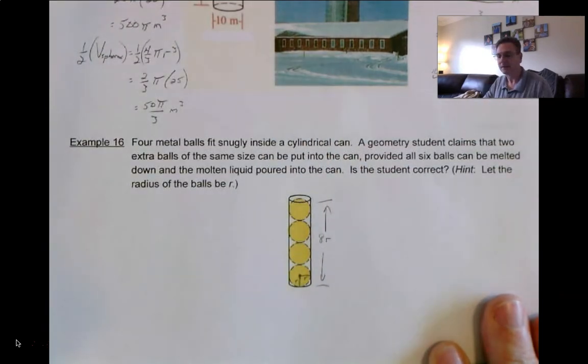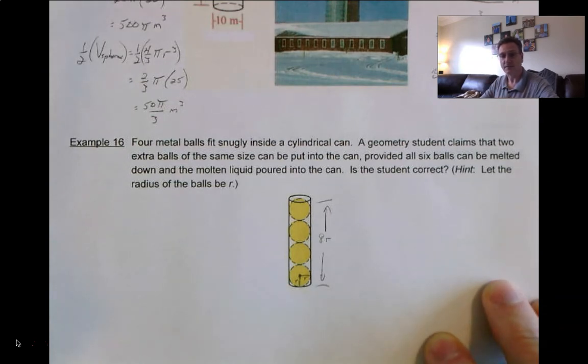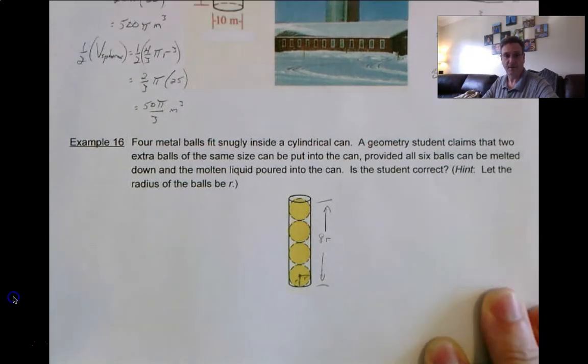The height of our cylinder. So now we can find the volume of the cylinder, and we can subtract from it the volume of the spherical balls and see how they compare to each other.